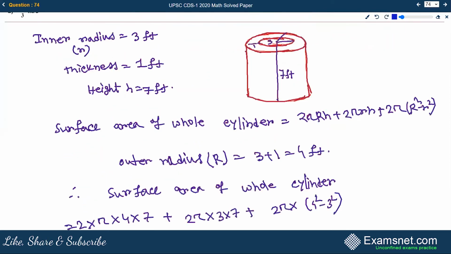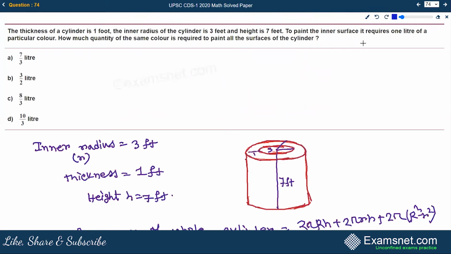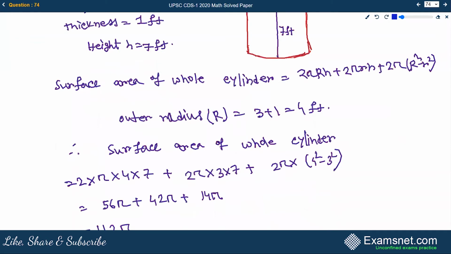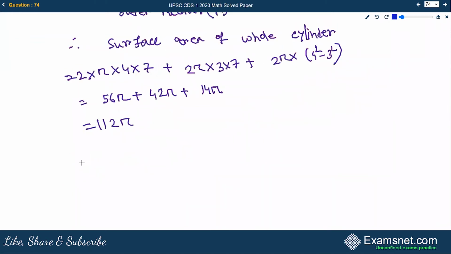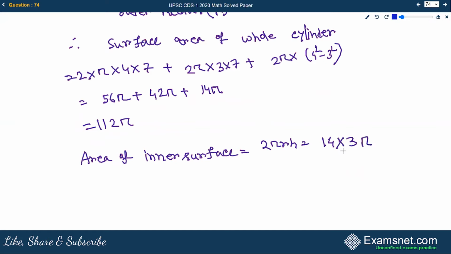Now it is given in the question that to paint the inner surface, it requires 1 liter of that particular color. So the inner surface area, that is 2π small rh, which is 14 multiplied by 3π, 42π.